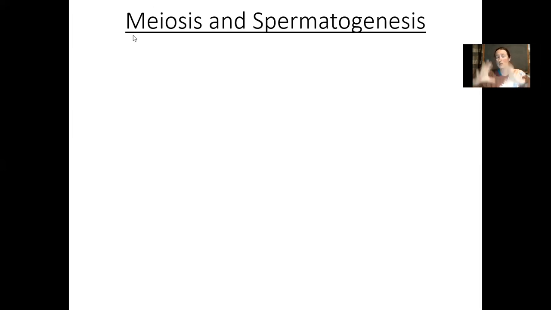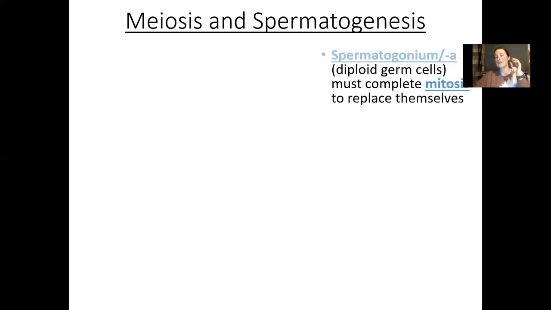The actual cell division process is called meiosis, and the process of making fully mature sperm that are capable of swimming, that are capable of penetrating the many layers on the surface of the egg, is called spermatogenesis. So genesis, generation of sperm.